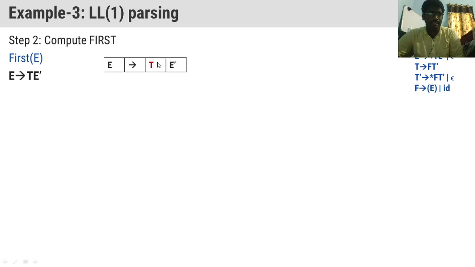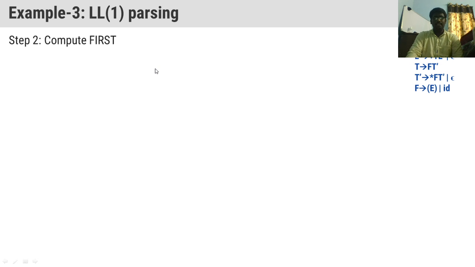Since it is not a terminal, we will find out the first sets of capital T now. Hope you all understood. See, E is deriving T dash, right? Actually, what we have taken in the previous example is the first symbol that is present in the production.